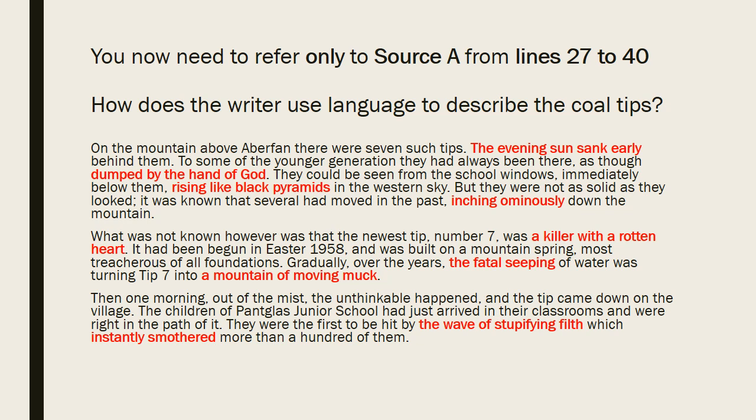But they are not things that give us vital information. Okay, for example, you might look at this and initially have thought about picking "they were not as solid as they looked", thinking, okay, because I can talk about the word solid. Well, no, it's just telling you they're not solid. There's not really much detail to that. Okay, and that's what we're trying to avoid.